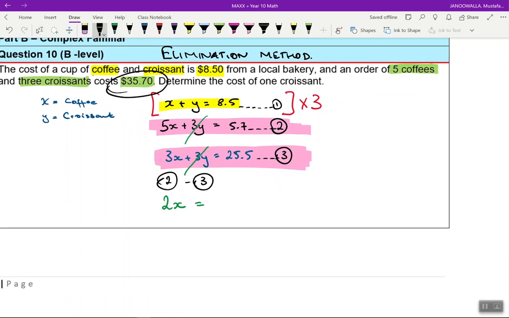I think I erased out the 35, so that needs to be 35.7. Hope you see that there. Then 2x, so 5x minus 3x is 2x, the y's are gone, then 35.7 minus 25.5 is 10.2. Then I can divide both sides by 2 to get rid of the 2 here, and x is 5.1.